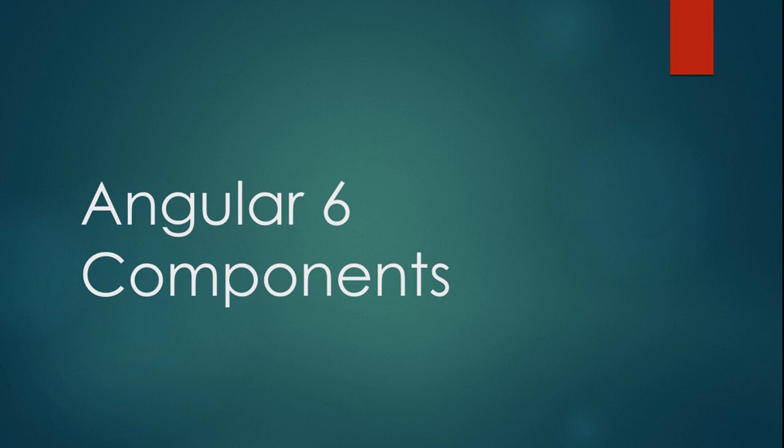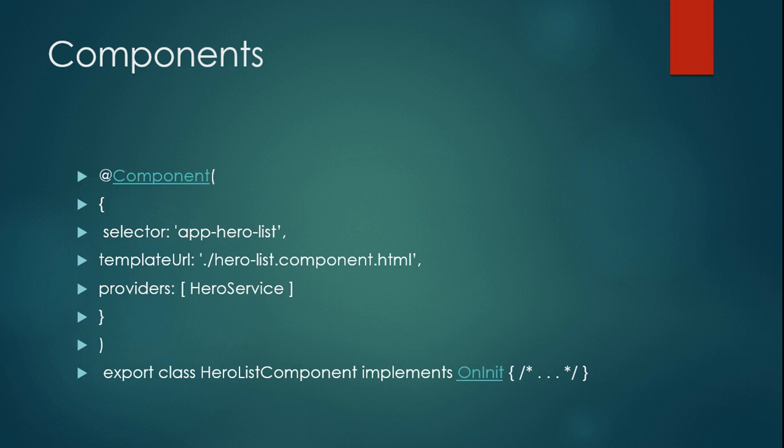So every component comes with one template, or view. We call it a template, and that template will have a set of DOM elements. Those elements are controlled by the component. Any class that is decorated with a component decorator, we call that class a component.